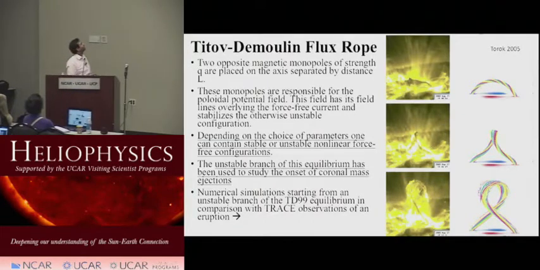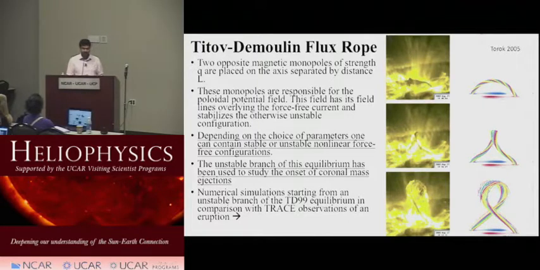Again, I've gone into a lot more detail here so that you have a handle on exactly what's going on with the Titov-Demoulin Flux Rope. I mentioned here two opposite magnetic monopoles of strength Q placed on the axis, separated by the distance L. These monopoles are responsible for the poloidal potential field.